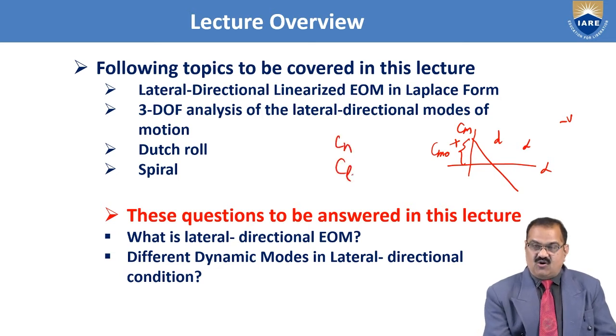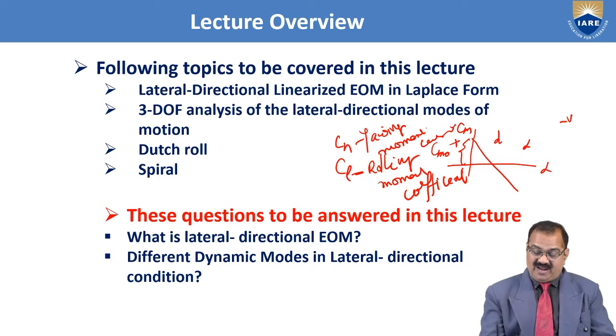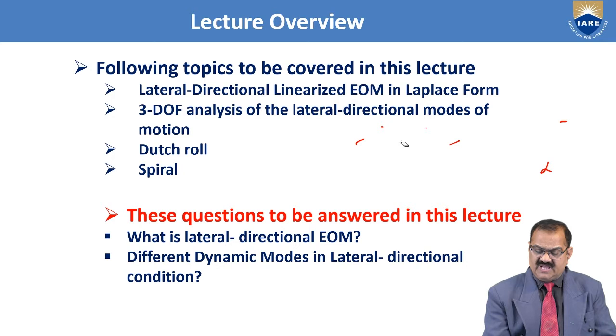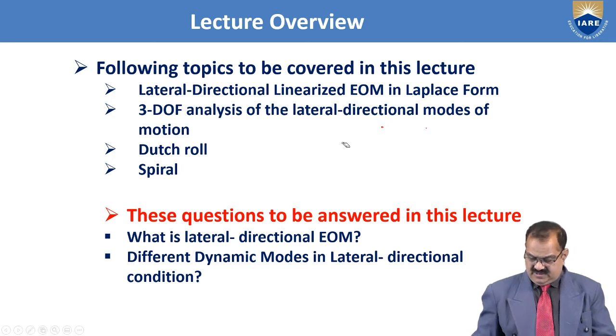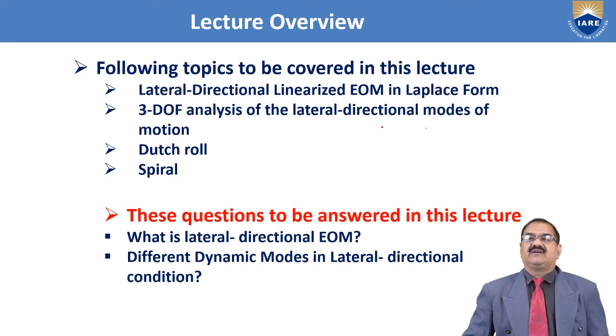This is the rolling moment coefficient, and this is the yawing moment coefficient. These two parameters are very important to understand the yawing and the other lateral and directional stability.